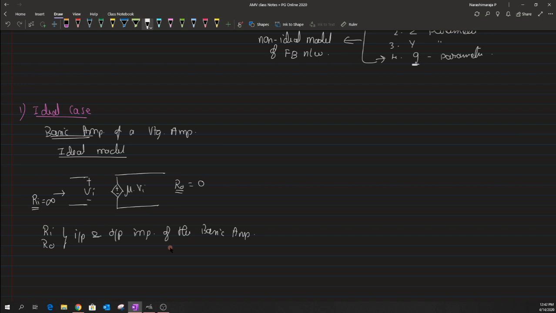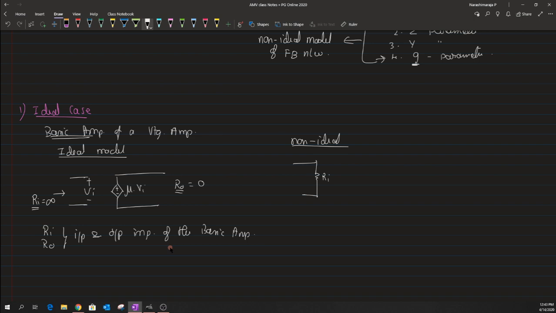Now I want to bring the non-ideal behavior into this particular model. So let us talk with respect to the input port of this basic amplifier. Having a non-ideal model means that the input resistance Ri is no more an infinite value. Rather, in the non-ideal model the input impedance is no more infinity, but a finite value, and the value of it is given as Ri.